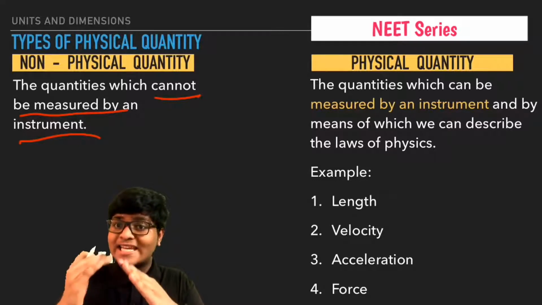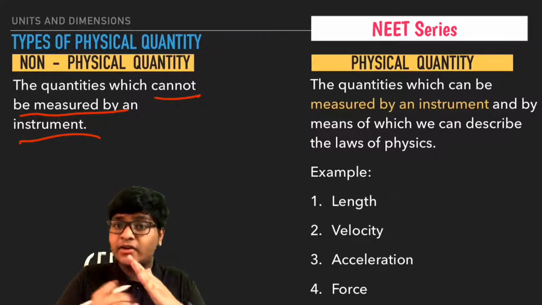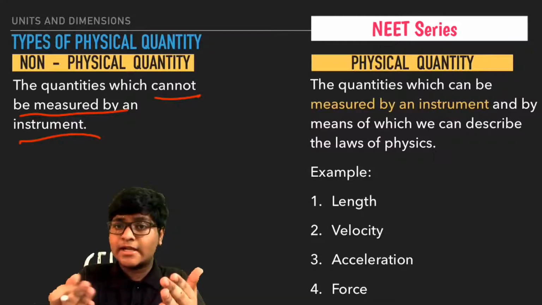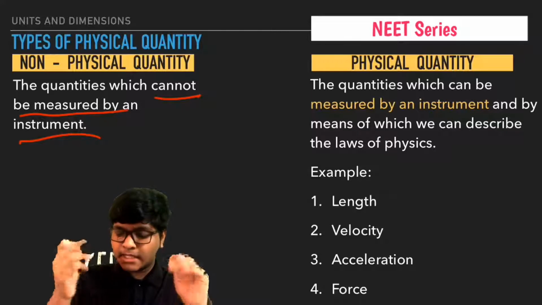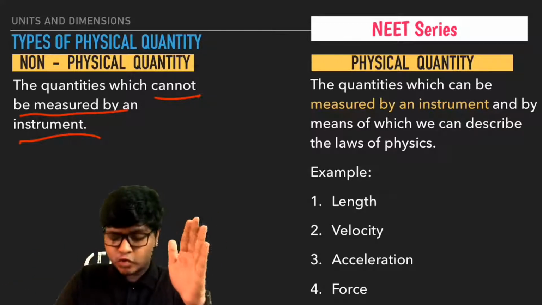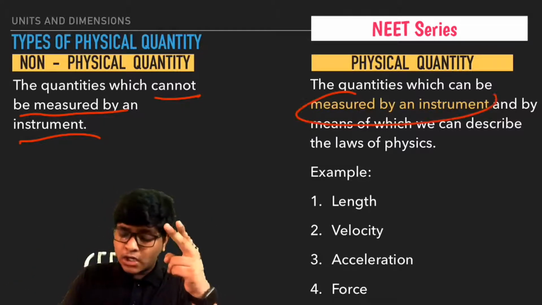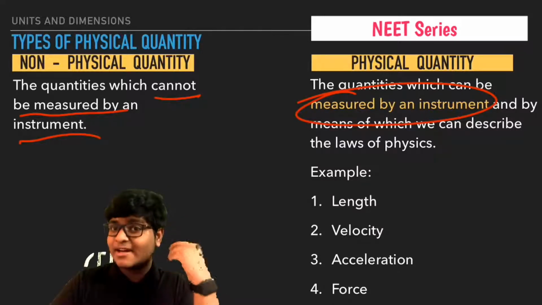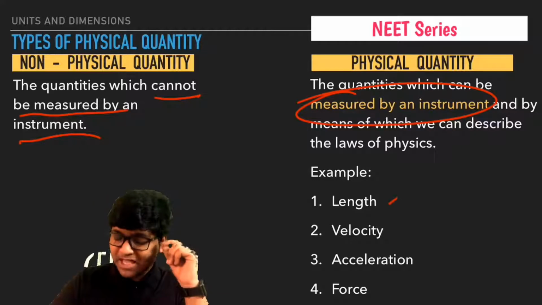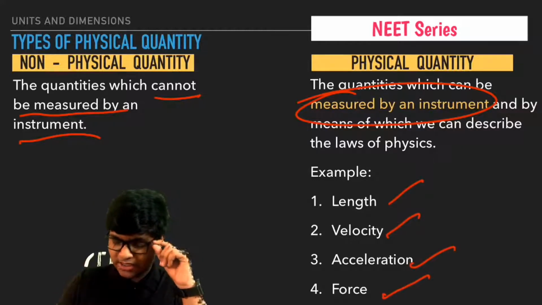If you mention extra information like area, length, surface area or any kind of math related concepts, that's why physical quantities are used. Physical quantities are the ones which are measured by an instrument. They are very important, and by means of them we can describe the laws of physics. For example: length, velocity, acceleration, force, time, pressure.